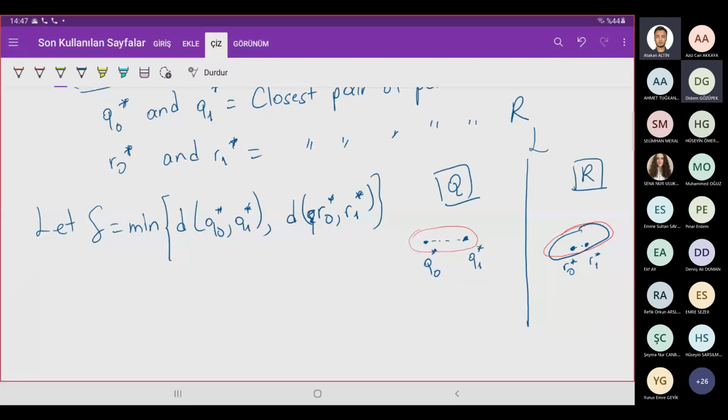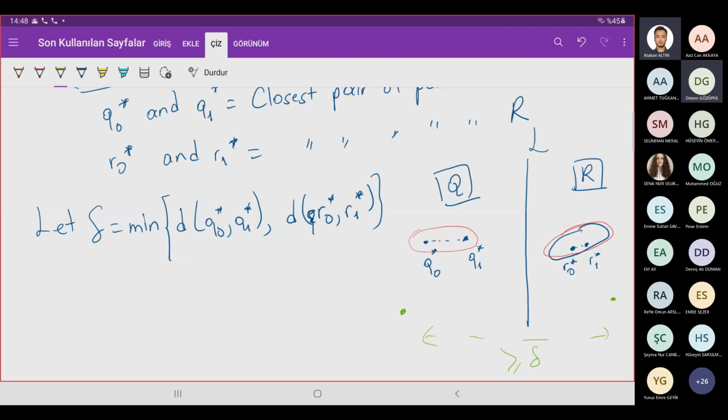If there are, for example, points like this, one of them here and the other here, and the distance between them is already greater than or equal to delta, then we are not interested in them. They are already greater than the other two, so one of the other two candidates will be the minimum.